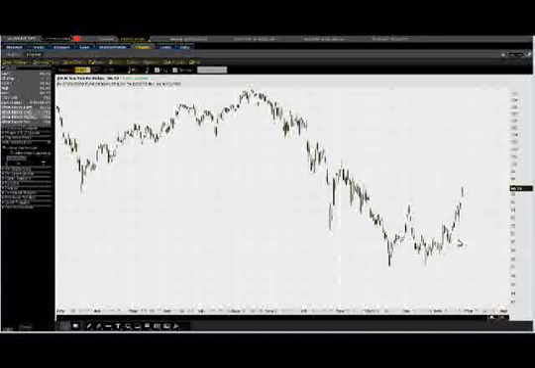It's roughly a mini contract, because a pip change in the spot market is worth about $1 with a mini contract, and it's the same thing here. So it's a decent way to make these relate to each other from the spot market to options.